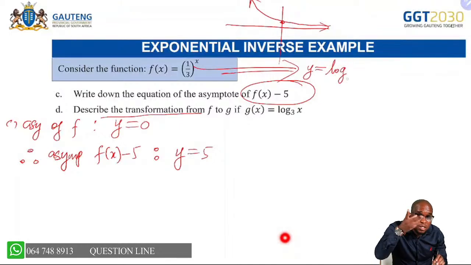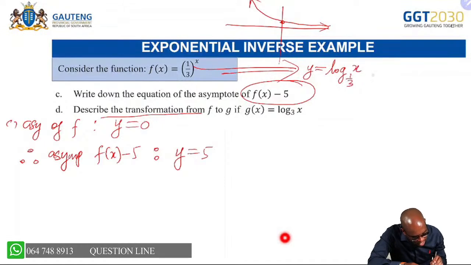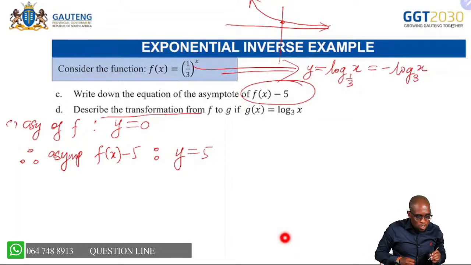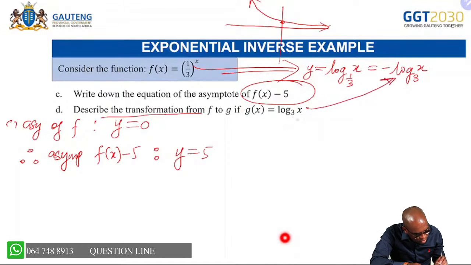When we reflected this across y equals x, it was base a third to the x, or we say it's minus the log to the base 3 of x, like that. So now if you compare, this is much easier to compare with that.